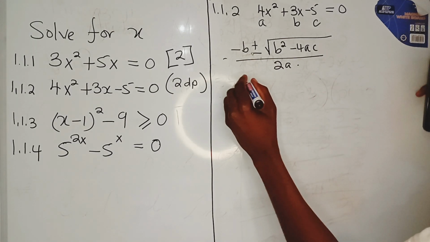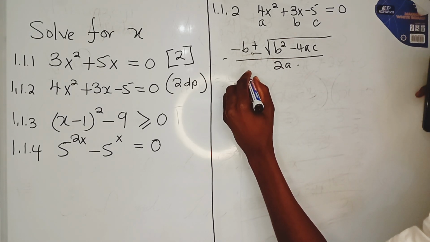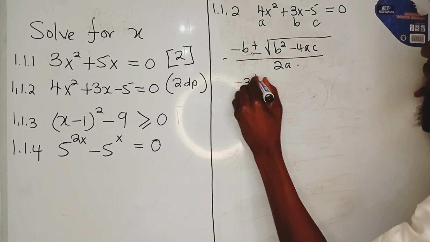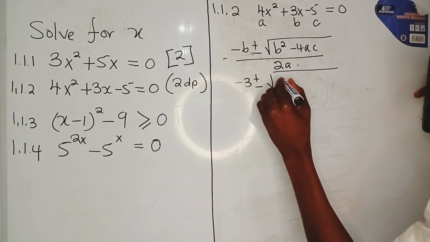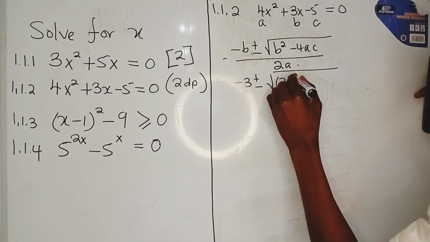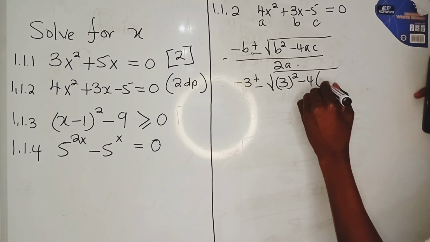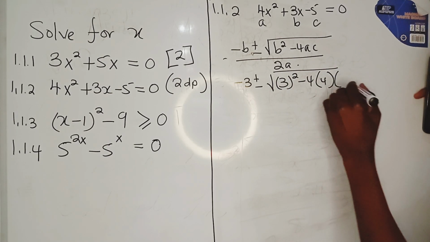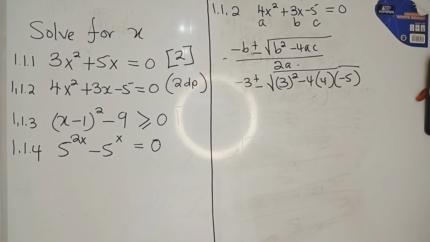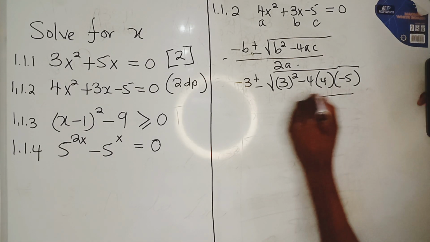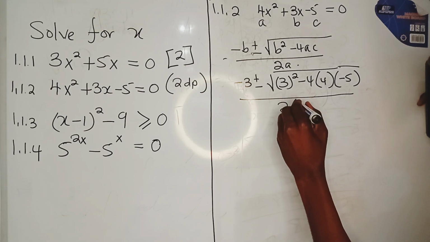So we are going to have minus 3 plus or minus square root of 3 squared minus 4. Our A is 4. Then our C, we take it as minus 5. Don't take 5. Take it as minus 5. Then all over 2, our A is 4.